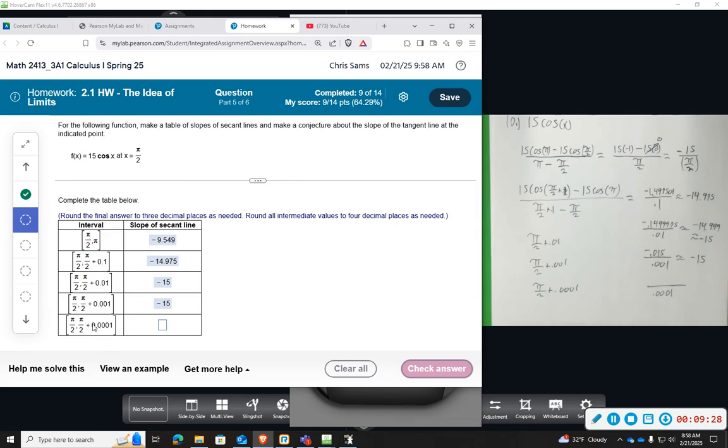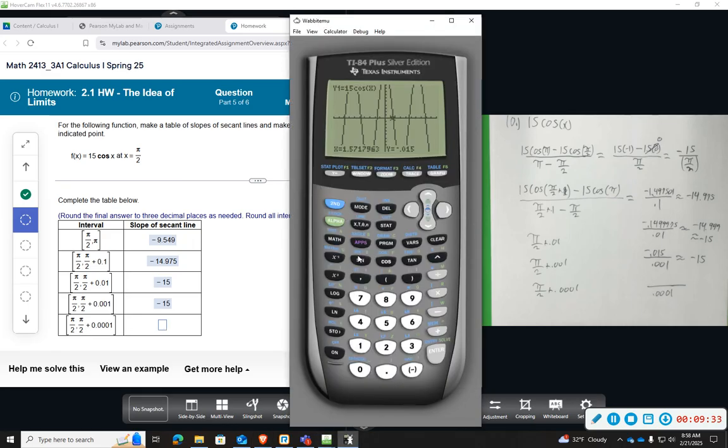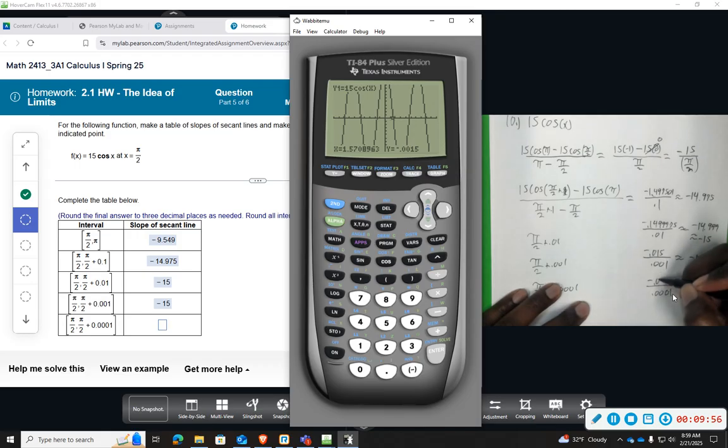And if we do it again with 0.0001, I'll just show you we should get negative 15 again. That's what it looks like it's approaching. I'm just inching closer and closer to that number. So we'll do second pi divided by 2 plus 0.0001, and again if we divide by 4 decimal places, that's going to also give us a negative 15.